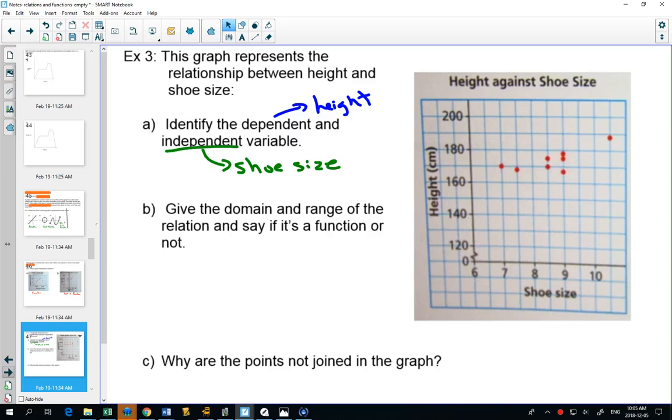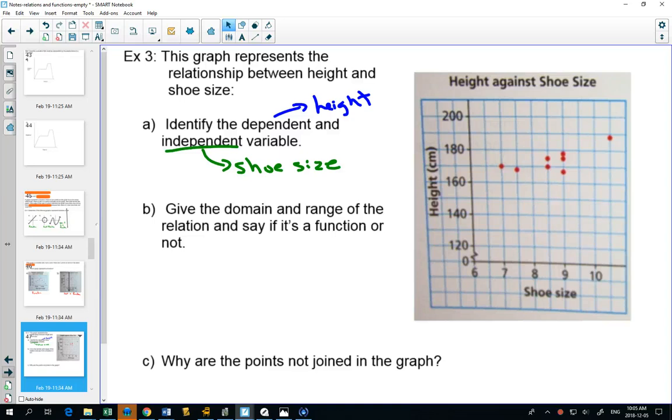Does your height depend on your shoe size? Yeah. Knowing someone's shoe size can tell you a little bit about their height. You could do this the opposite way too. If you saw me, you would say, I don't think he would fit into a kid's size 2 because of how tall he is. That would make sense. So you could probably graph it either way and say they both depend on each other depending on which way you're thinking about it.